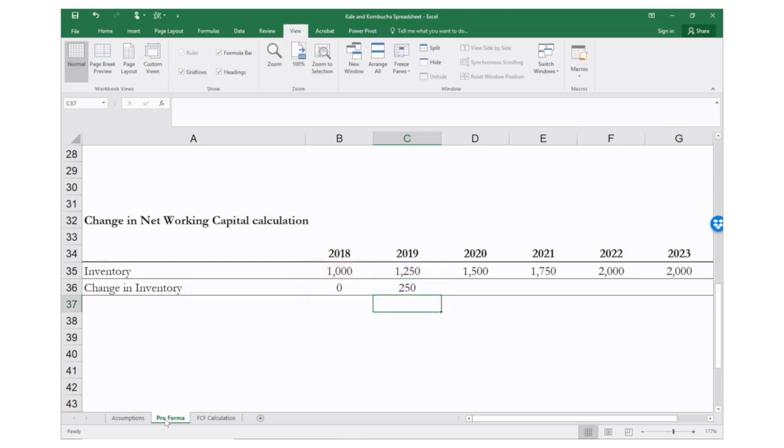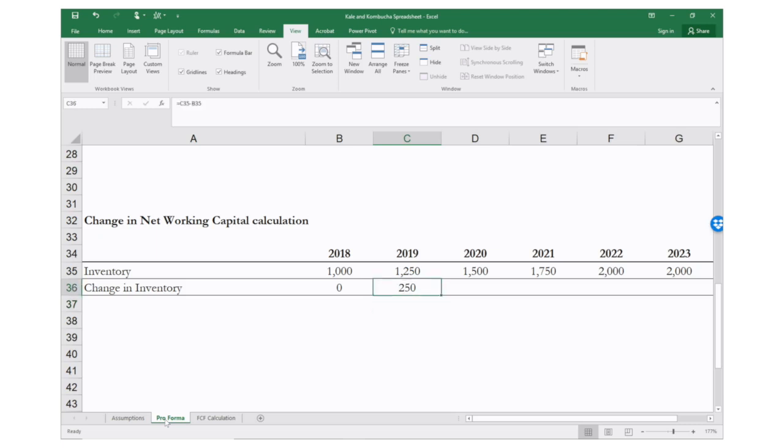Where does that number come from? It really comes from the new stores. Now, if I were increasing the amount of inventory in existing stores, I would have to include that investment as well. But in this case, this is changing only because I'm building new stores. The company as a whole will have more inventory, and that is reflected in this change over here.